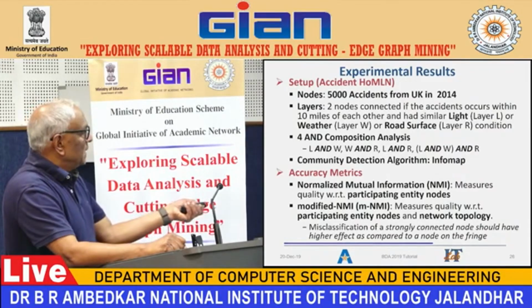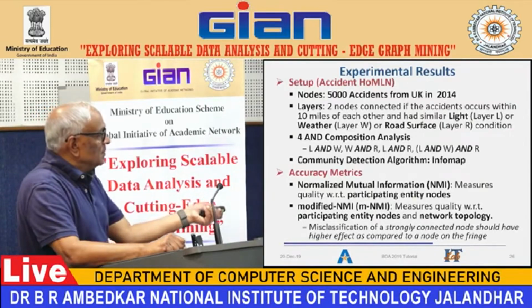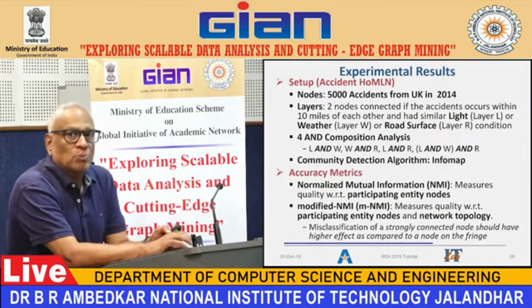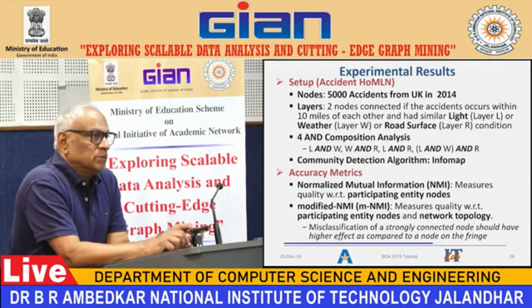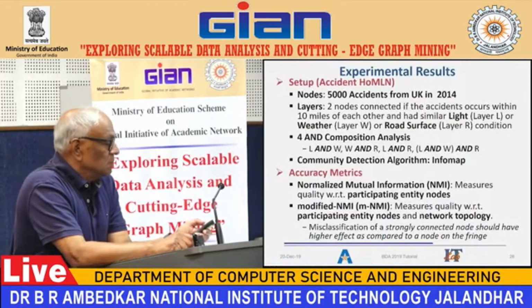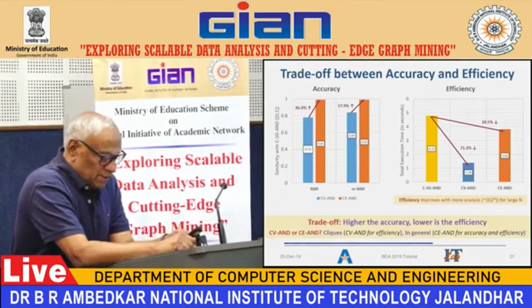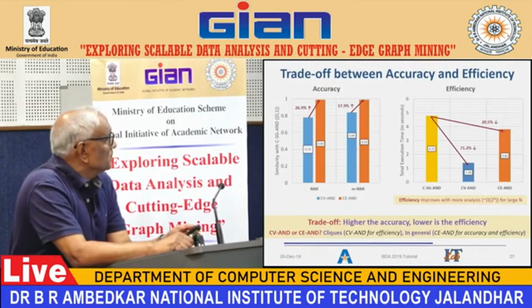Accuracy metrics are normalized mutual information, NMI, or you can also use modified NMI, which is slightly better because it takes network topology into account, whereas the first one doesn't. Okay, here comes the result, proof of the pudding.